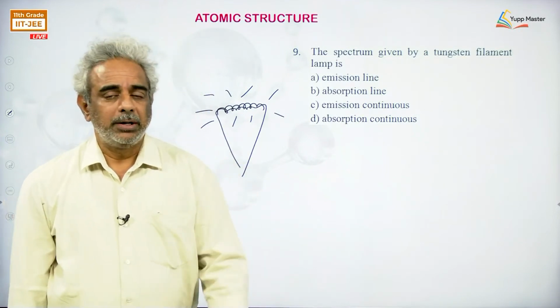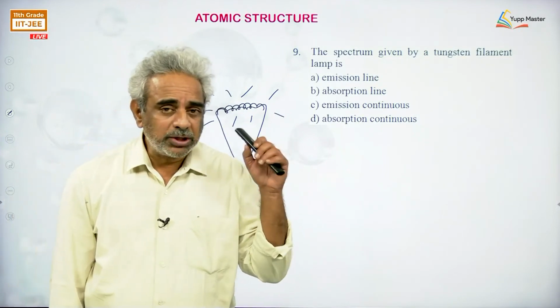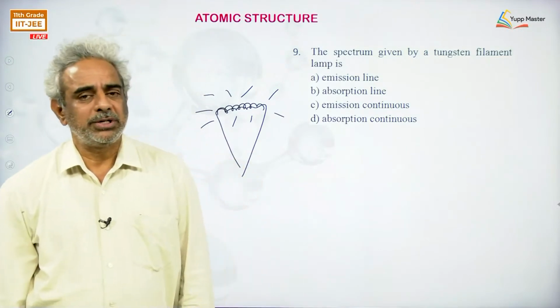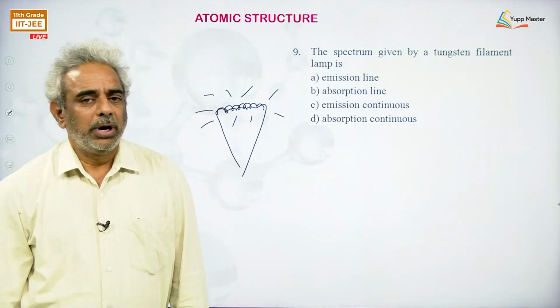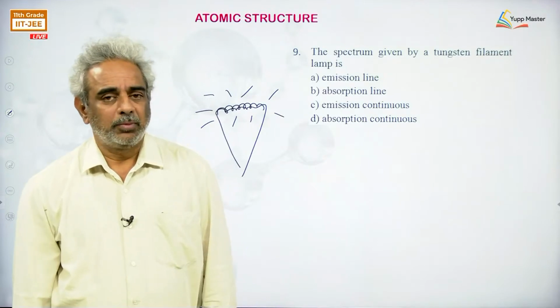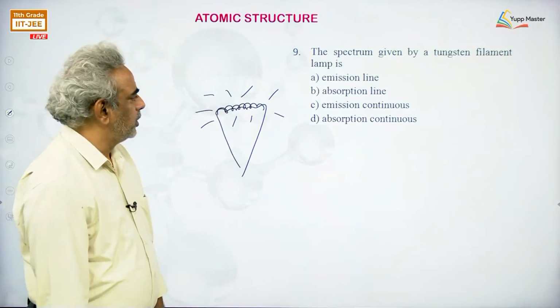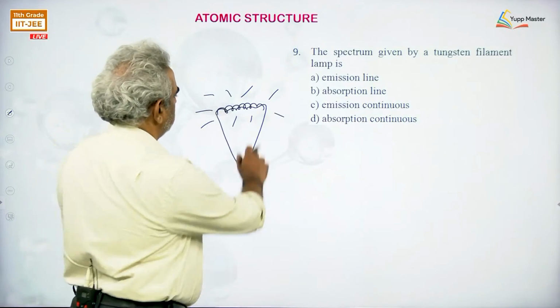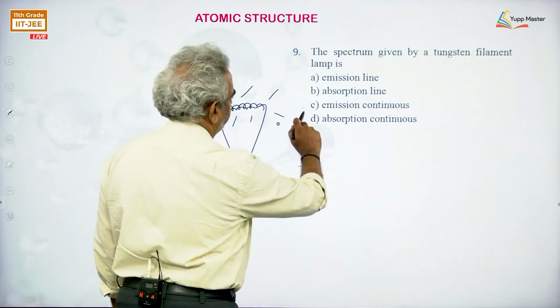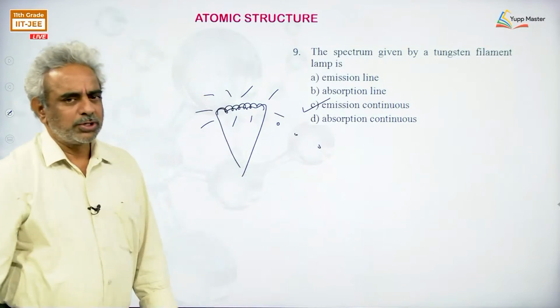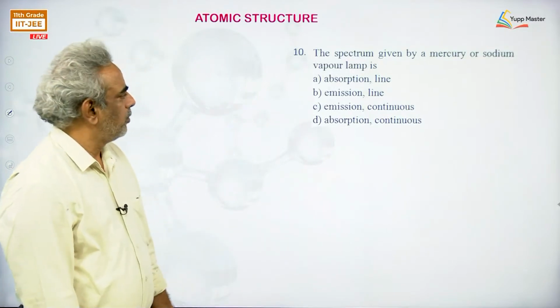It is a solid. In the beginning I told you, in a solid you will have so many vibrational states, therefore you will have a continuous spectrum, close wavelengths will be released. So, you will get a continuous spectrum, but that will be emission, it is emitting radiations, almost like a black body radiation.